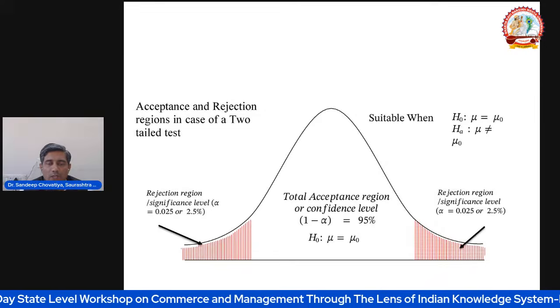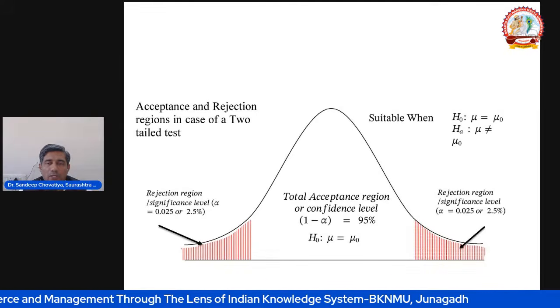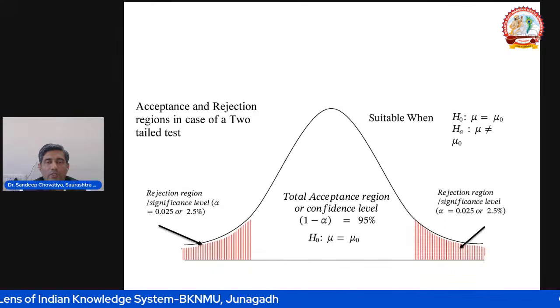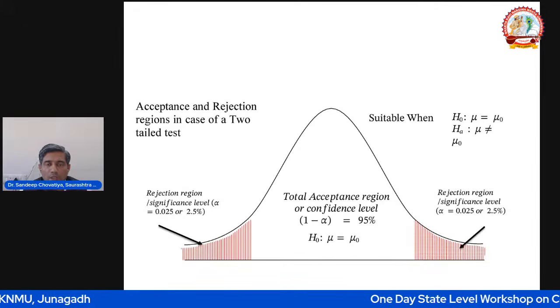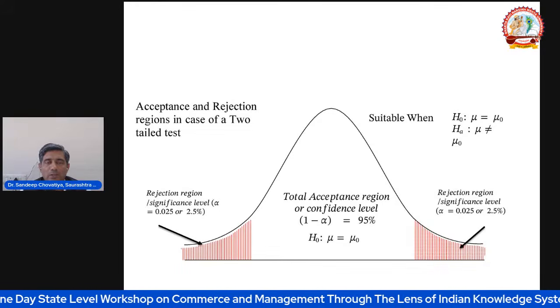When we design our hypothesis, we also design the confidence interval. For example, let's take a confidence interval of 95%. So if our mean value falls in this specific acceptance region, then we accept the null hypothesis.